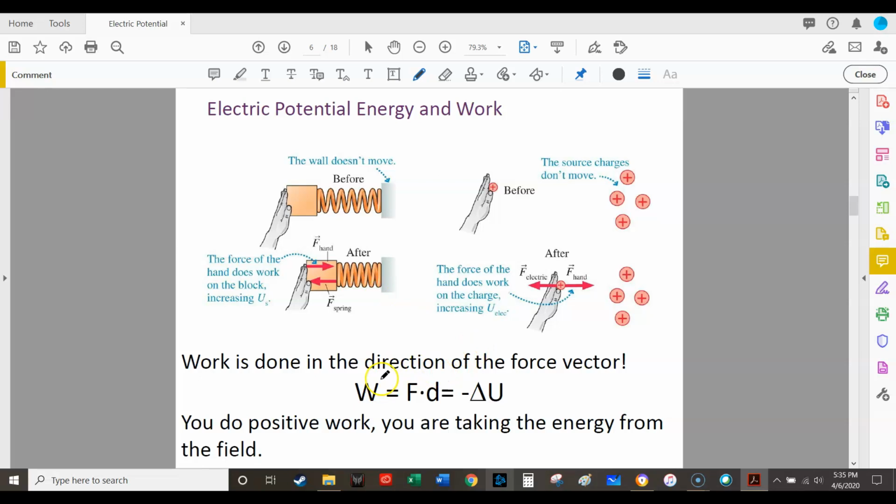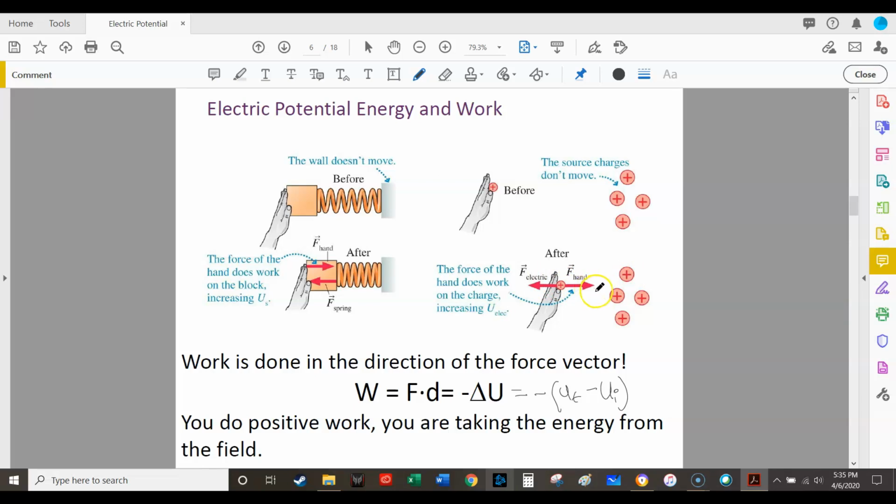And work, again, work is equal to negative delta U, right? And by the way, negative delta U will be negative U final minus U initial, okay? And that's what delta U is, right? So you are doing work, so the direction of your force vector is the direction of the positive work.